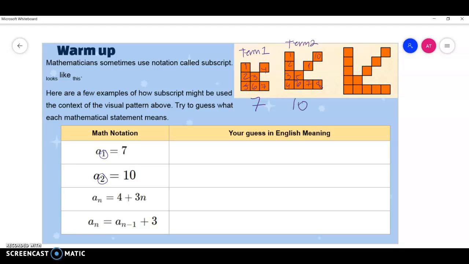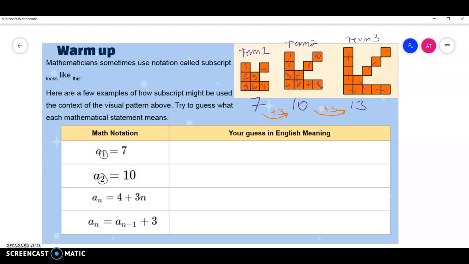Okay. And then term 3, I bet you can guess it, 2, 4, 6, 8, 10, 12, 13 blocks. So as you can see, there's a pattern here. 7 to 10 is 3, 10 to 13 is 3. So it's adding on 3 more blocks.